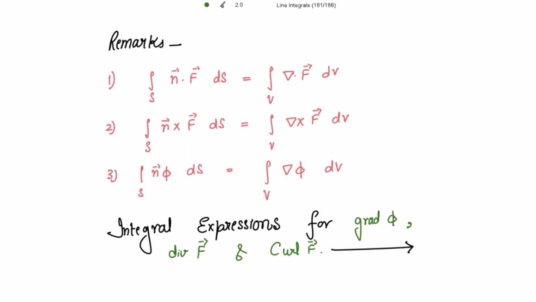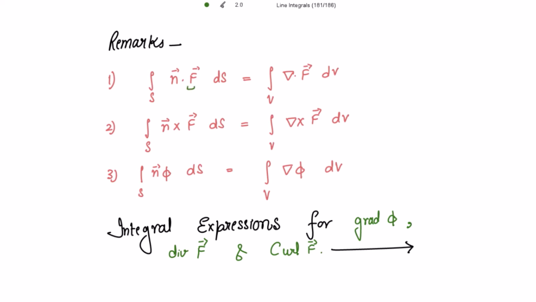So before starting with the proof, let's recall a few points. These are very important remarks on divergence, curl and gradient. First one is, the surface integral of the dot product of n vector with f vector is equal to the volume integral of the divergence of this f vector.